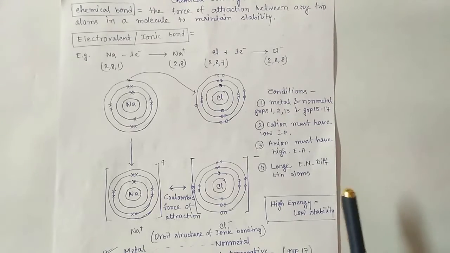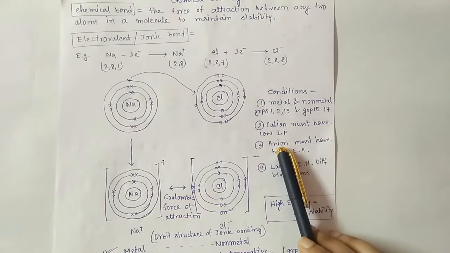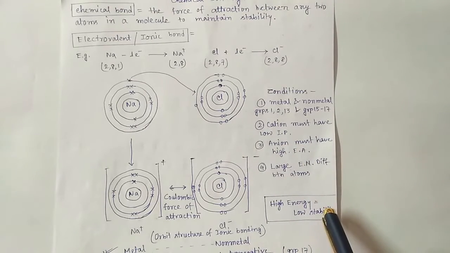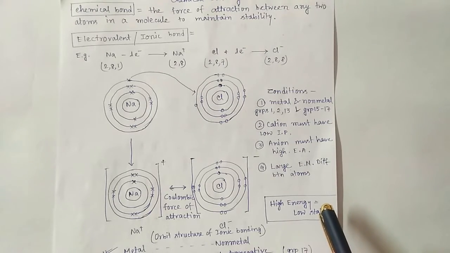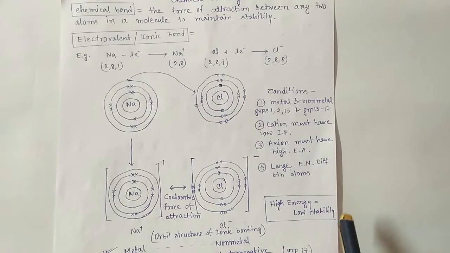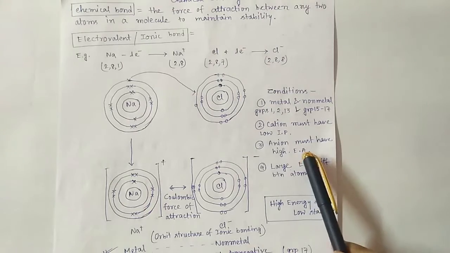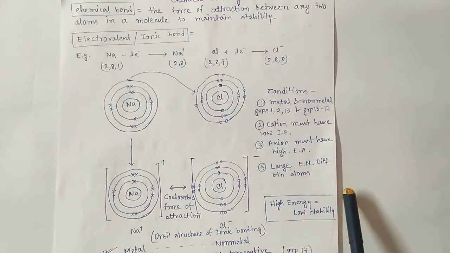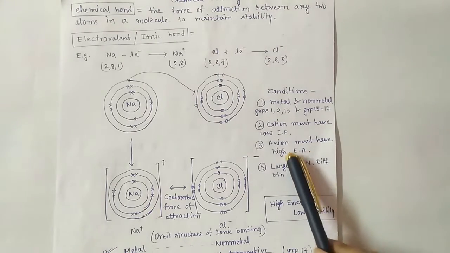So cations must have low ionization potential, which means it requires less energy. That means it must have a large atomic size. Only then will the outermost shell electrons be loosely bound, requiring less energy to remove the electron from the outermost shell.